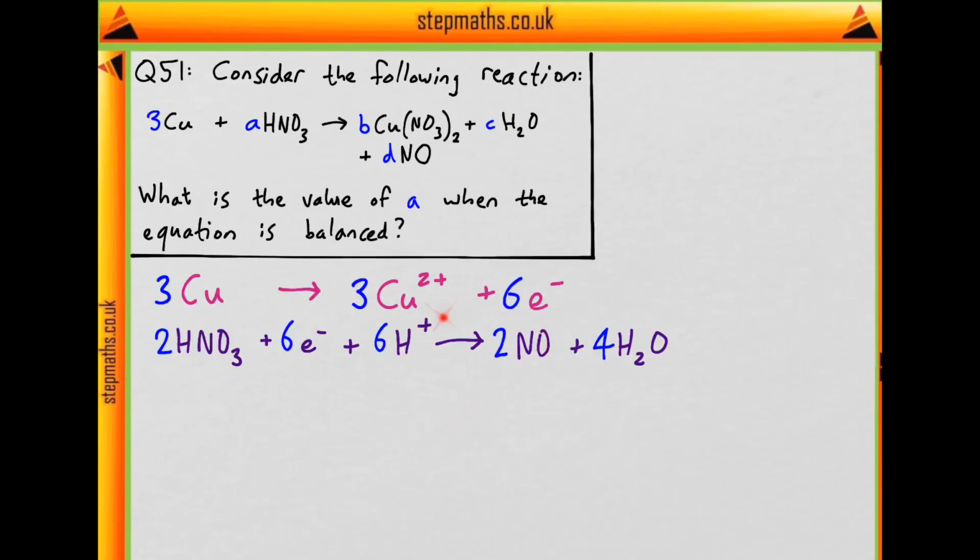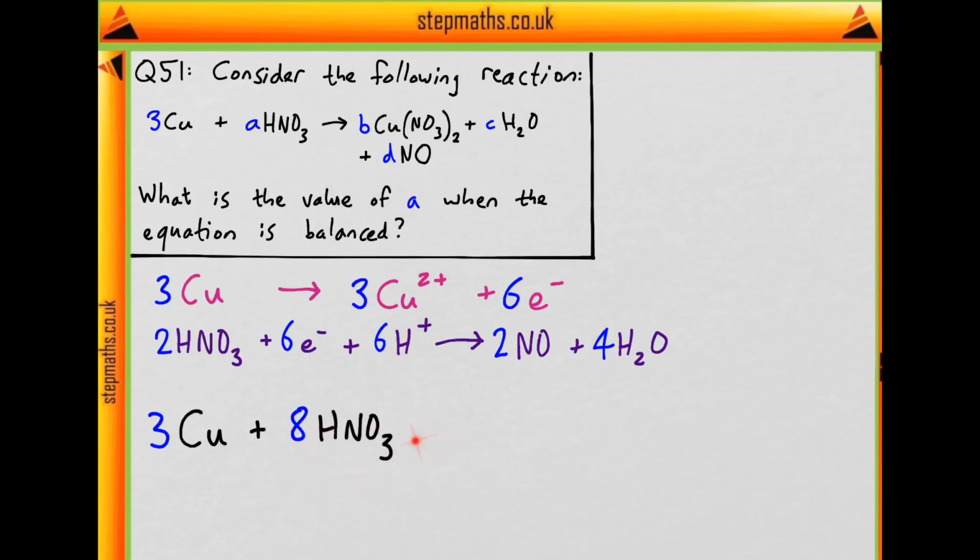So now that we have our half equations, let's see if we can form this main reaction. So we start with 3 coppers, and we're adding 2 nitric acids and 6 H+. But of course these H+ are going to be in the form of nitric acid. So that makes 8 nitric acids.